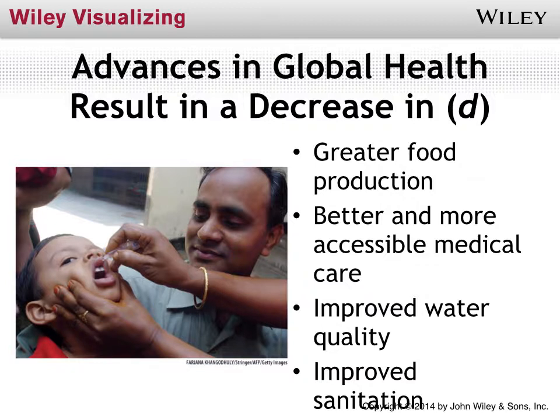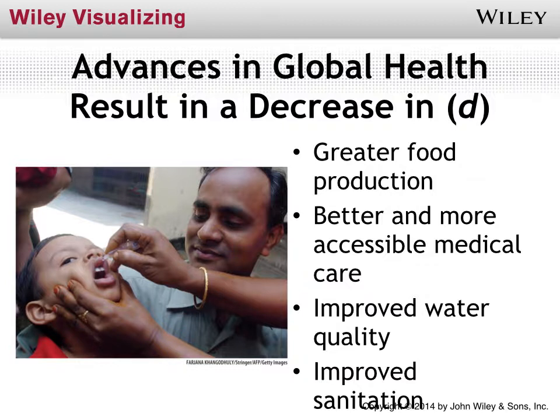So let's go back and summarize some of the reasons why our death rate declined so dramatically. Again, greater food production because we had machines to do the work for us. Better and more accessible medical care because we were discovering microscopic things and we started learning more about medicine. A simple thing like having a better water supply, improving our water quality, not having to depend on getting water out of the river anymore and drinking it with whatever diseases might be in there.